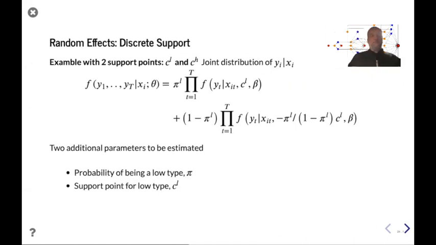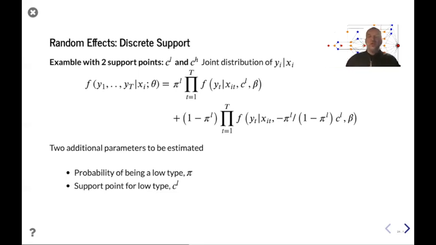So this is now conditional on something else. It's no longer conditional on CI, but on this CL. So what did we do? The nice thing now is that it makes more sense to estimate these parameters.